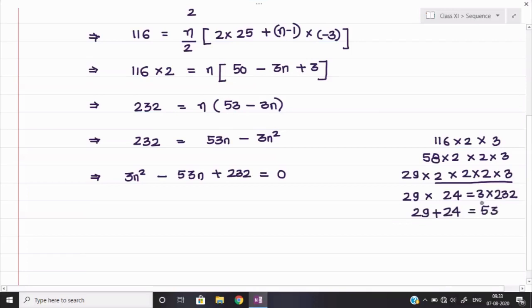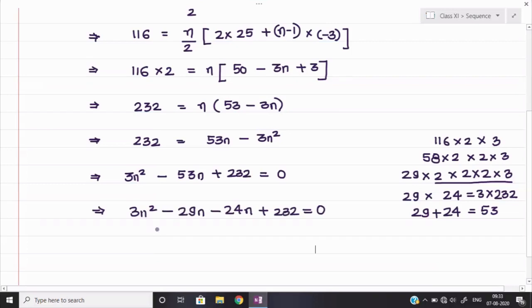So my two factors are 29 and 24. So we shall keep it here: 3n square minus 29n minus 24n plus 232 is equal to 0.